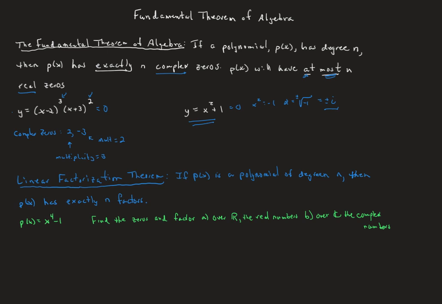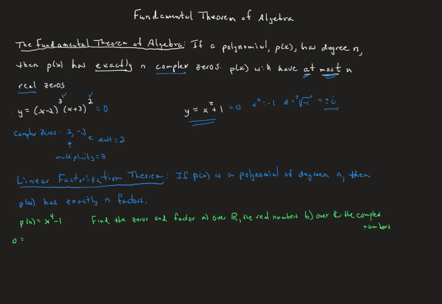So let's try to also clarify this important difference between the real and the complex numbers. If we start with a polynomial p of x equals x to the fourth minus 1, and we want to find the real zeros and factor it over the real numbers, and then the zeros in complex numbers, we'll factor it there.